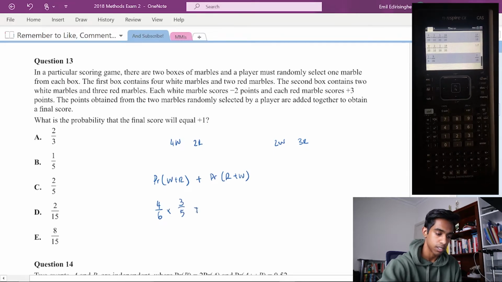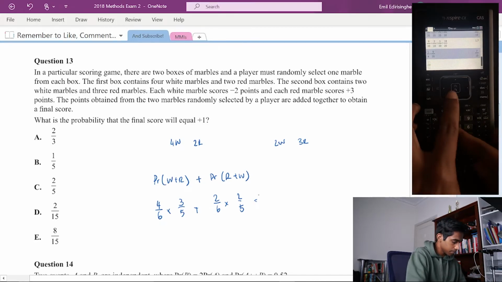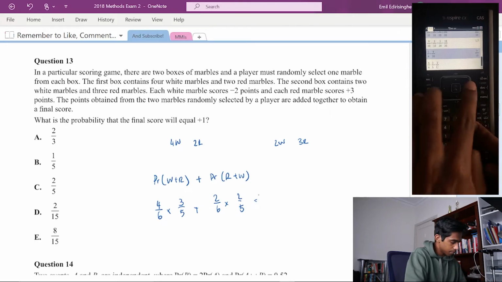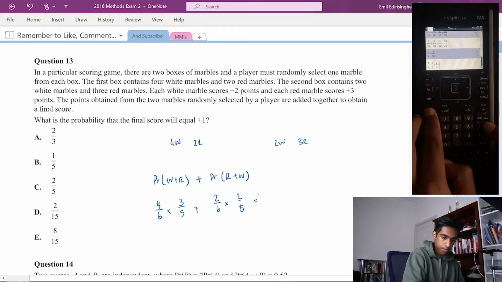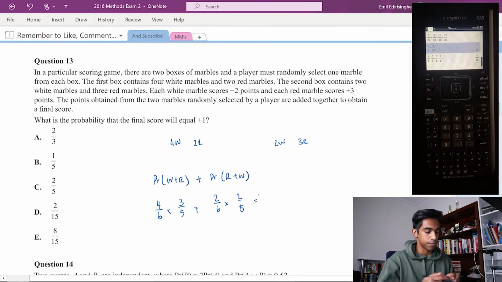And then the next one is going to be 2 on 6 times 2 on 5. And we'll just put that into the CAS. And that gives us 8 on 15, which is E.